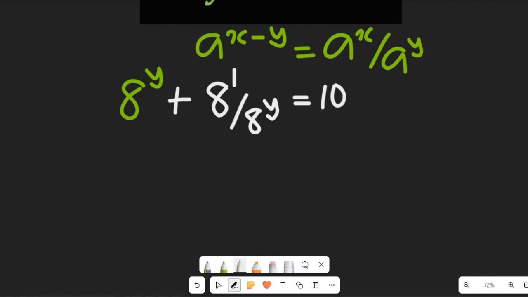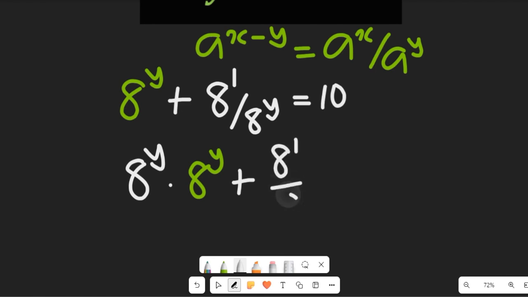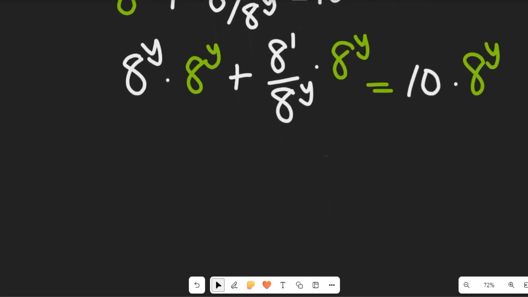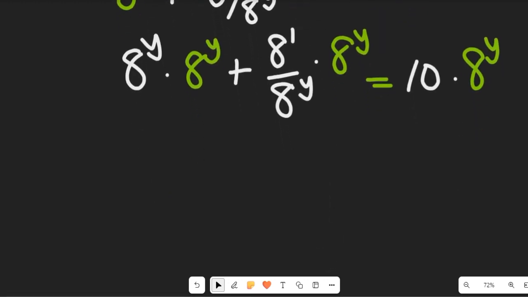If we multiply through by a to the power of y, this will give us a to the power of y multiplied by a to the power of y plus a to the power of 1 divided by a to the power of y multiplied by a to the power of y, and this will be equal to 10 multiplied by a to the power of y. Good. Now, having done that, we are going to simplify.